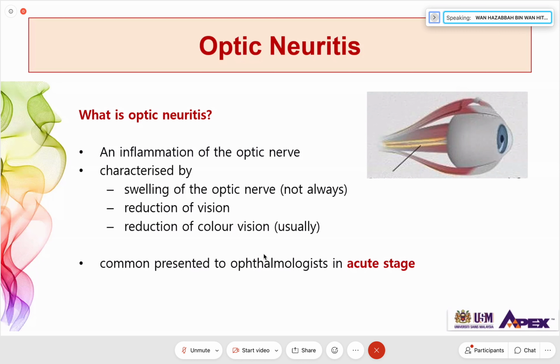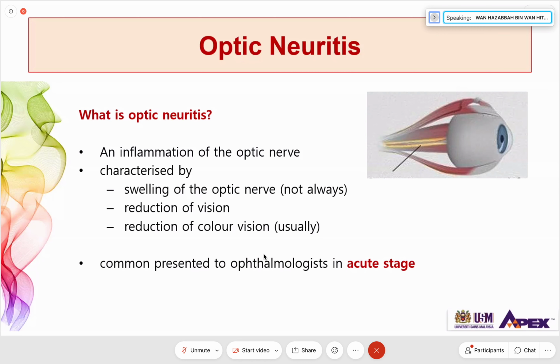But you must always remember that in some patients, the presentation may not be a typical swollen disc. The disc may look normal. Other things that you should look for are reduced vision, and you have to check the color vision.